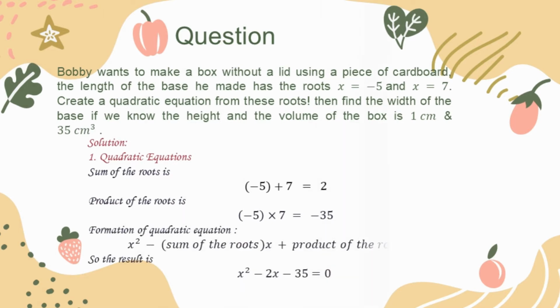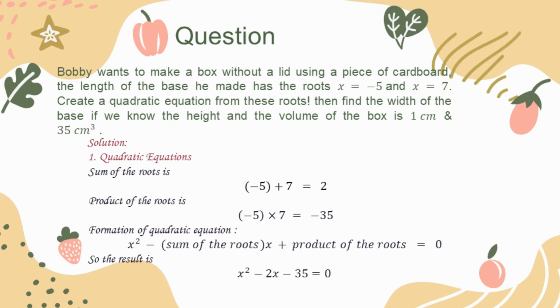The formation of quadratic equation is x squared minus sum of the roots x plus product of the roots equals 0. Then we substitute the sum of the roots and the product of the roots. We got x squared minus 2x minus 35 equals 0. So, the quadratic equation from these roots is x squared minus 2x minus 35 equals 0.